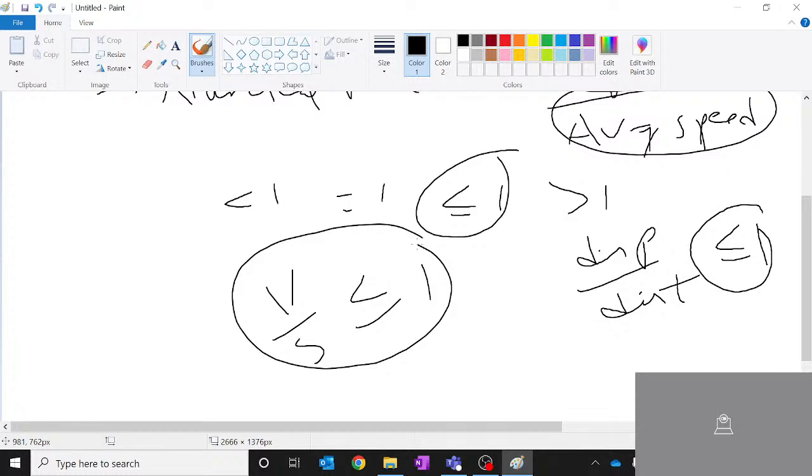It is nothing new that I am introducing. It is a similar analogy to the one we used between distance and displacement; the same thing we are using between velocity and speed also. Clear?